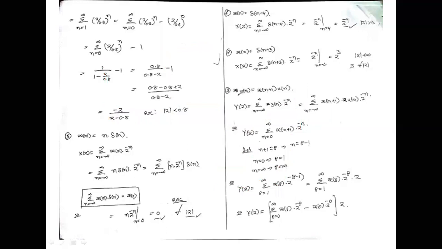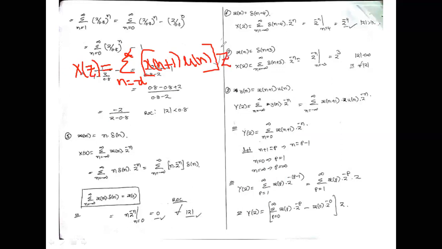Coming to y of n, here is another example: x of n plus 1 times u of n. Now I am taking the given function and substituting it into the z transform definition: the sum over n from minus infinity to infinity of x of n plus 1 times u of n times z power minus n.